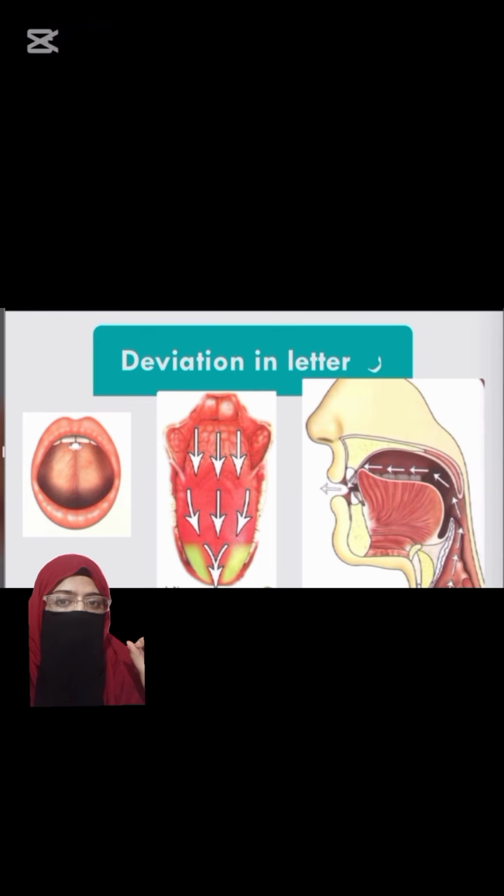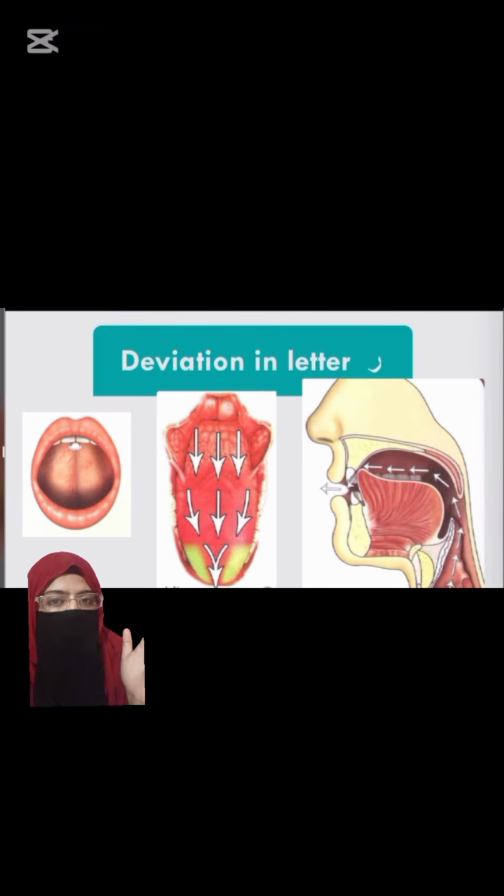Raa. The articulation point of Raa is at the tip of the tongue, near the upper front teeth and the gum area. That means the tip of the tongue just touches the gum area and you can pronounce this letter.